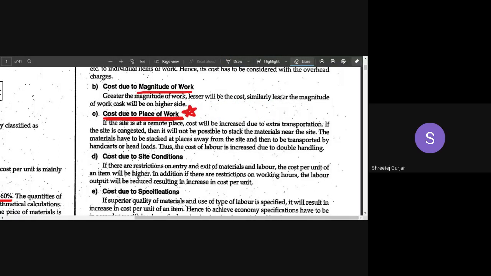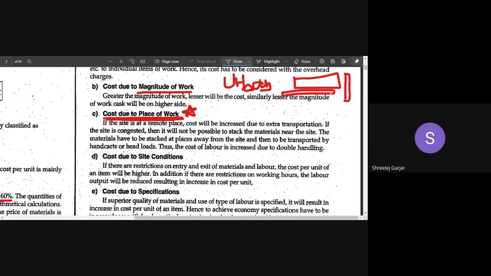Now, what happens when you are building in an urban area? One important thing, whenever you are building in an urban area, you do not have any place to dump your material. You cannot dump your material beside your construction site or on the road, because there are buildings on all sides of your house.